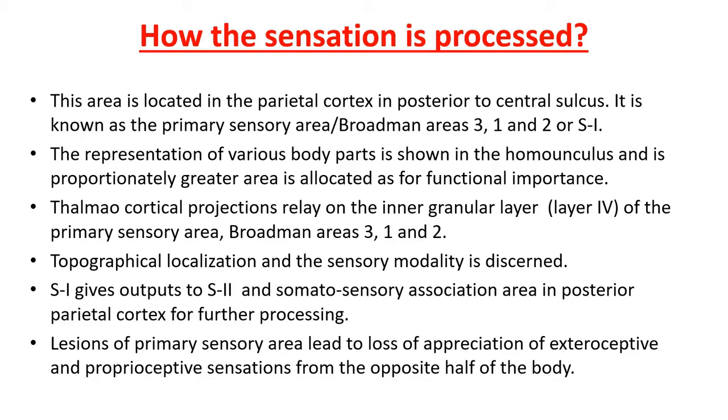Hence, lesions of the primary sensory area lead to loss of appreciation of the external sensations, also the conscious proprioceptive sensations from the opposite half of the body, because they cross over in the medulla. So if there is a lesion on the right cerebral sensory cortex, there will be loss on the left side of the body.